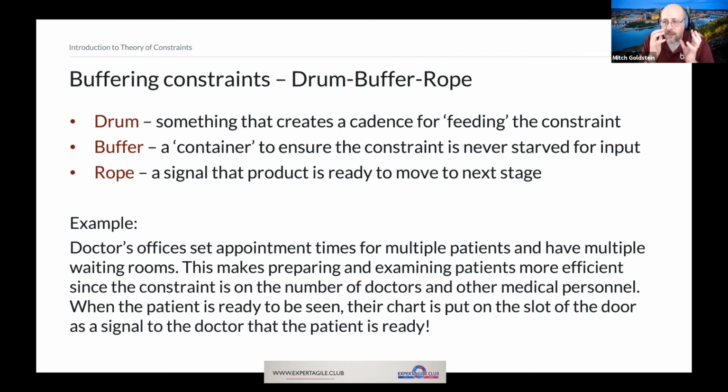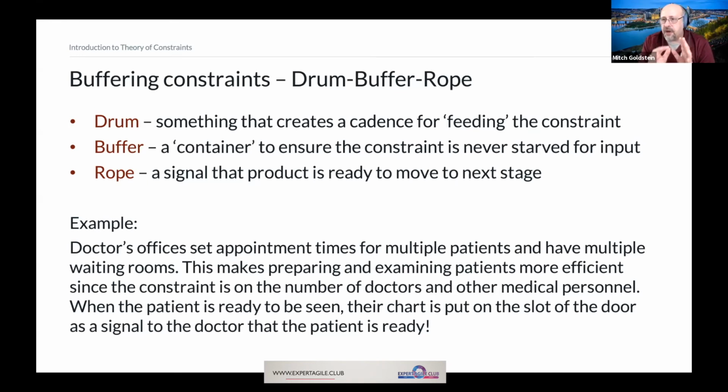This is a classic example of the application of the theory of constraints that we see every day. It's just that maybe the doctors and nurses didn't know they were using the theory of constraints to solve a problem, but this is how we solve problems. Now, I understand most people here are not doctors.